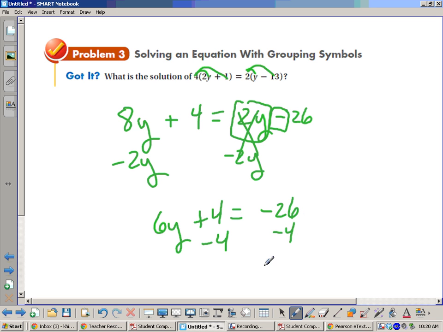Subtract 4, we get 6y equals, remember when we're subtracting from a negative number, we're really just going to add these together. So we get negative 30. Last step would be to divide by 6, and y equals negative 5. Don't lose your negative. So y equals -5, you can certainly go up and check that answer.